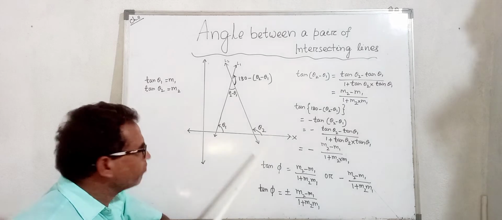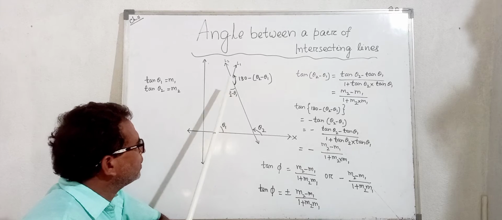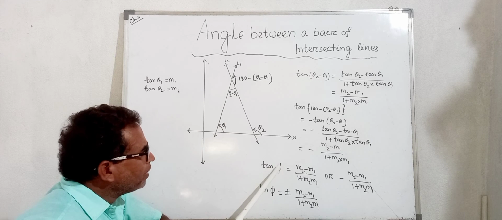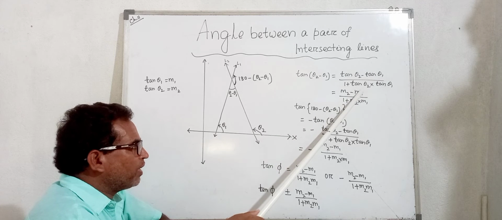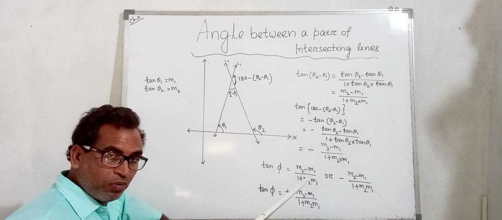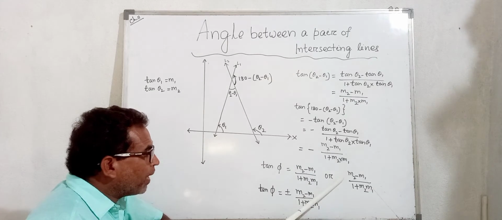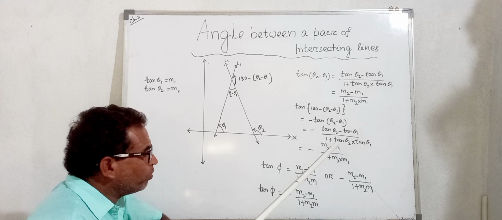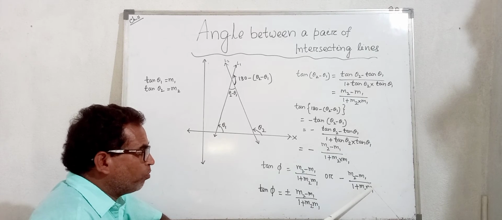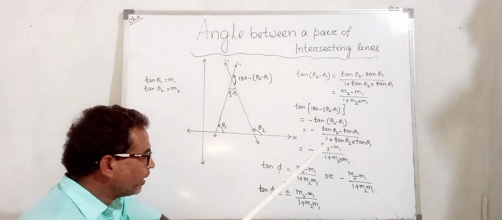Now we can write symbolically, let's say phi is the angle between two straight lines. So tan phi is equal to (m2 minus m1) by (1 plus m2 into m1), it is possible, or minus (m2 minus m1) by (1 plus m2 into m1), it is possible.